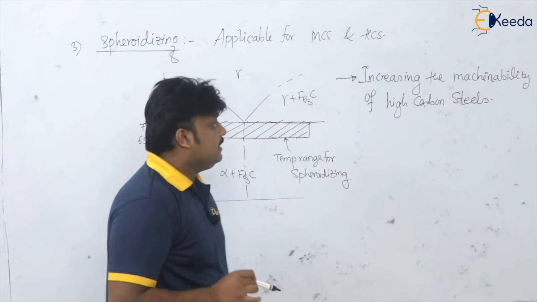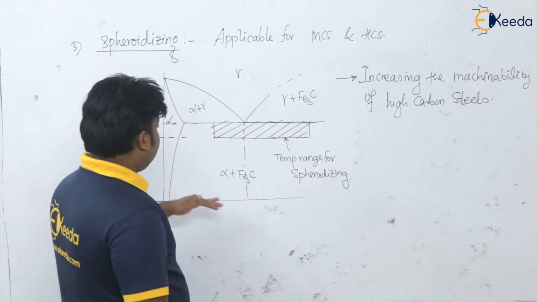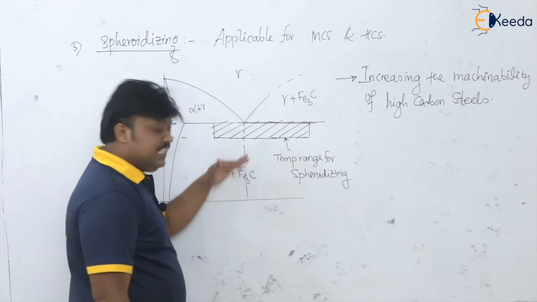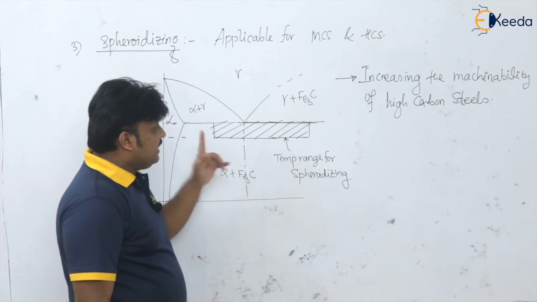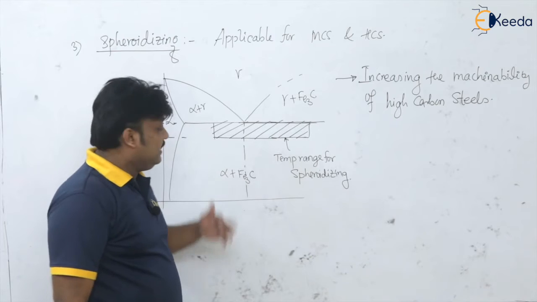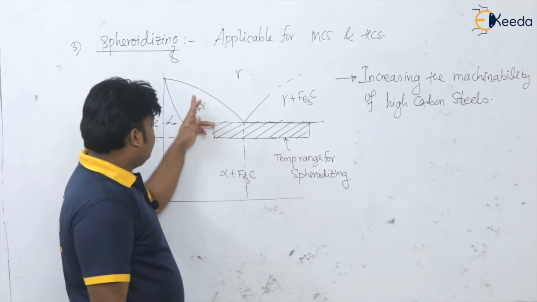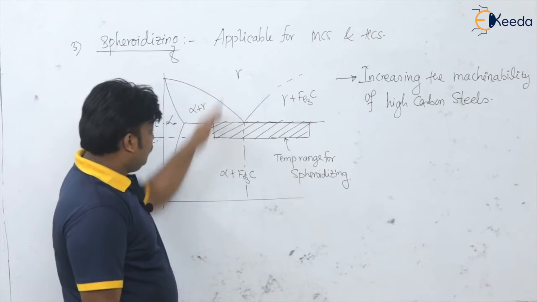Okay, so here what happened actually when we heat this steel, of course this is the secondary process, that is secondary heating of the martensite, which is obtained by the rapid cooling of this gamma austenite.